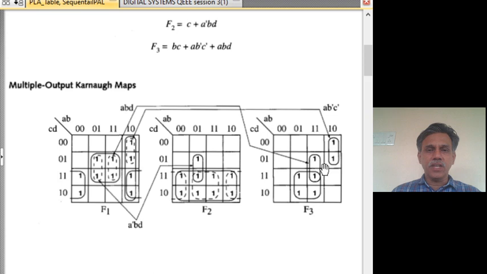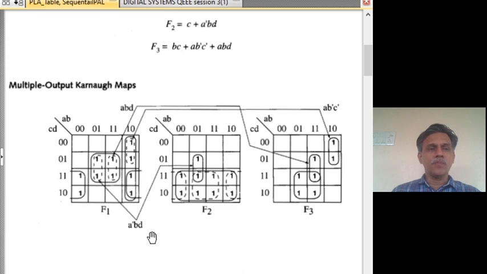And coming to F3, you have a 2 square that is present here, which you need. For example, this is also an EPI, essential prime implicant. This is also an essential prime implicant, so you have to generate it. So if you only look at these 3 terms, you would generate 3 terms. One is this EPI, another is this 2 square, and then this 4 square.